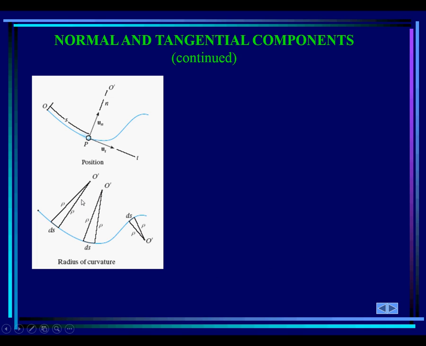When the body goes into changing the path, instantaneously the body rotates about a point. So it may rotate about this point, may rotate about this point, and may rotate the other way around this point when you change directions.